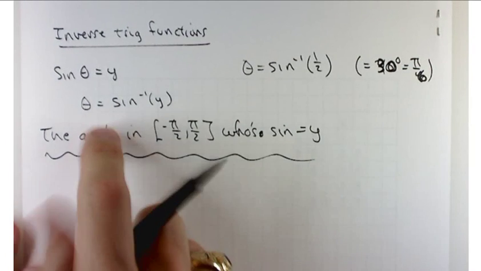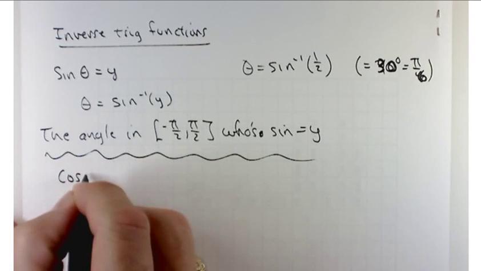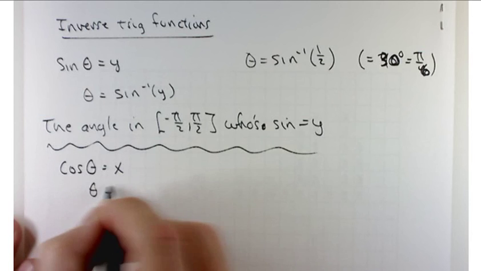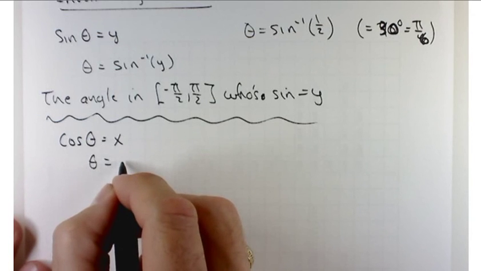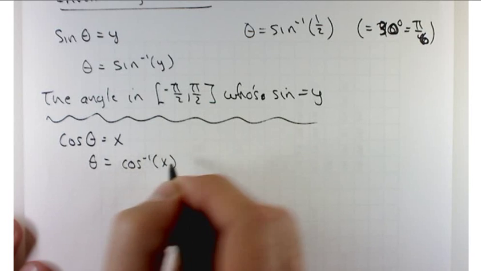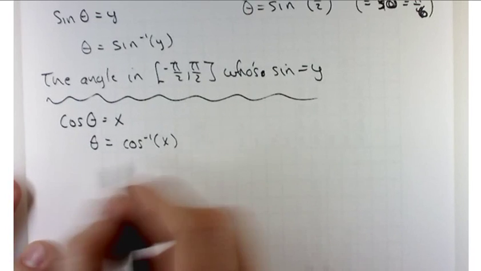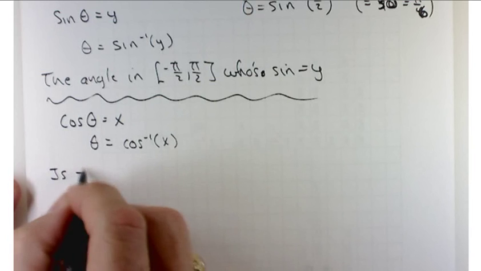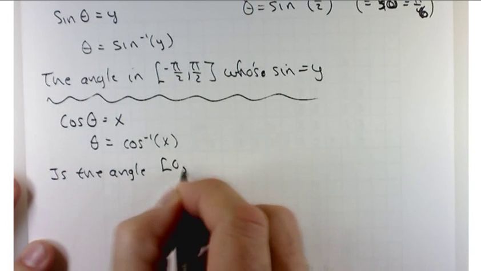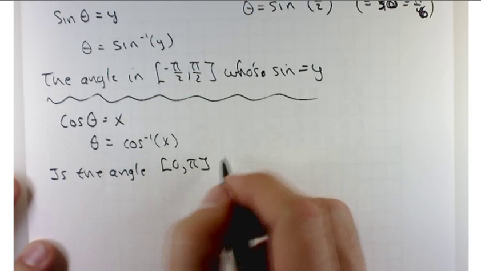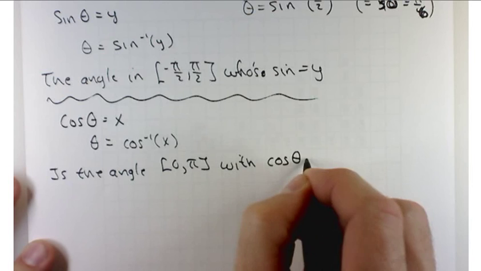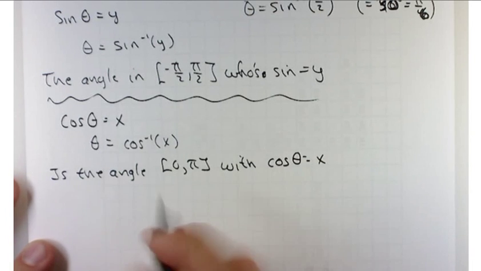So let's take a look at cosine. Cosine of theta is your x-coordinate. Cosine also has an inverse. Theta equals a cosine inverse of x is the angle in 0 to pi with cosine of theta equal to x.